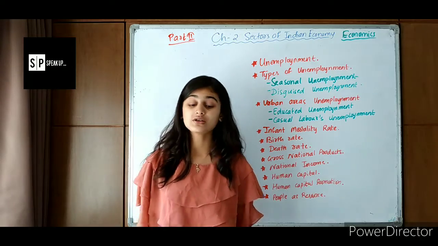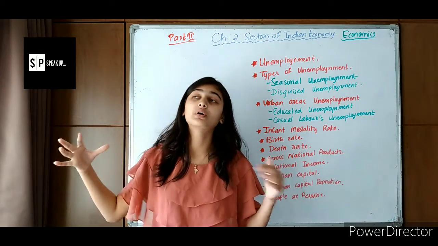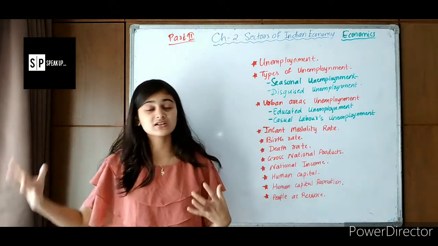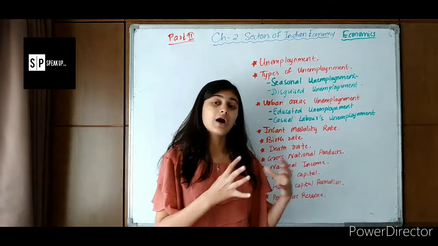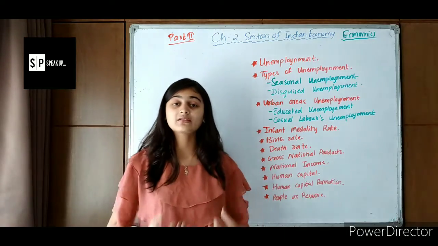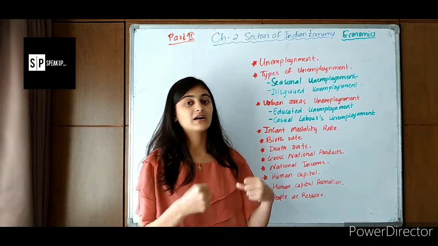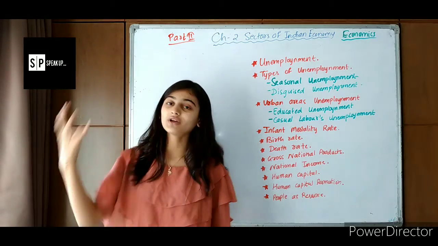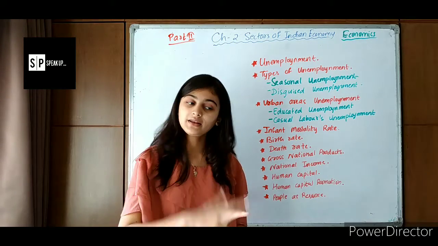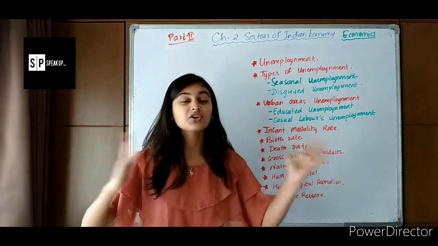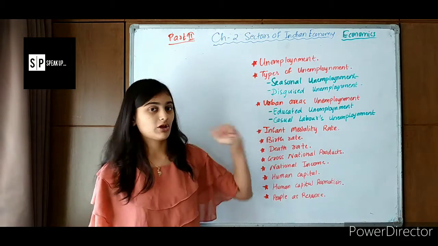If we take an example from the agricultural sector, when there is a time to harvest, people get employed, and when the time is of the growth of the plant, then the people would be getting unemployed. So that on and off unemployment situation is known as seasonal unemployment.